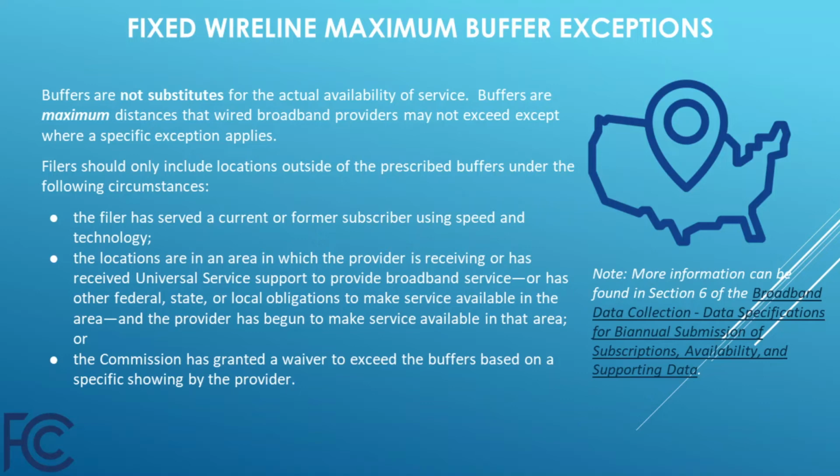Second, the locations are in an area in which the provider is receiving or has received universal service support to provide broadband service, or has other federal, state, or local obligations to make service available in the area, and the provider has begun to make service available in that area. Or third, the Commission has granted a waiver to exceed the buffers based on a specific showing by the provider.